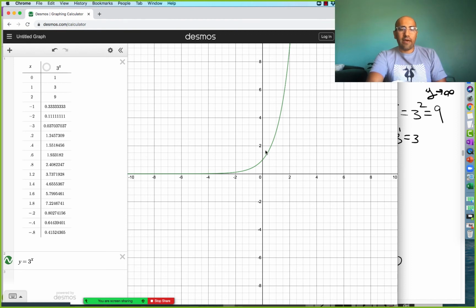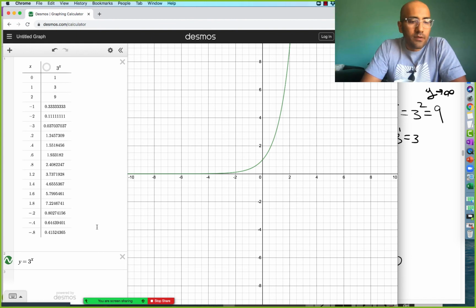Okay, so this is the graph of 3 to the x power. Any questions? No? Okay, so we could do the same thing with 1/3.